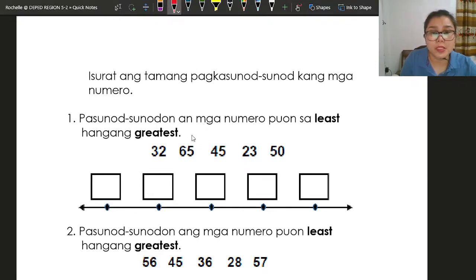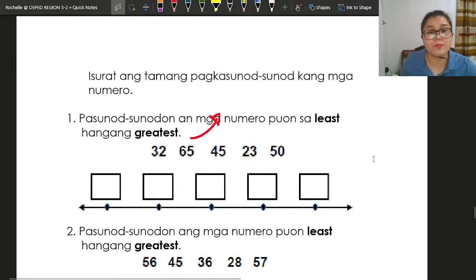So, least to greatest, it means pataas. Ano po? So, choose among 32, 65, 45, 23, 50. So, alin po dyan ang unang mababanggit when you count from 1 to 100? So, that's simply what it means. Pause para mailagay ang tamang order of numbers.